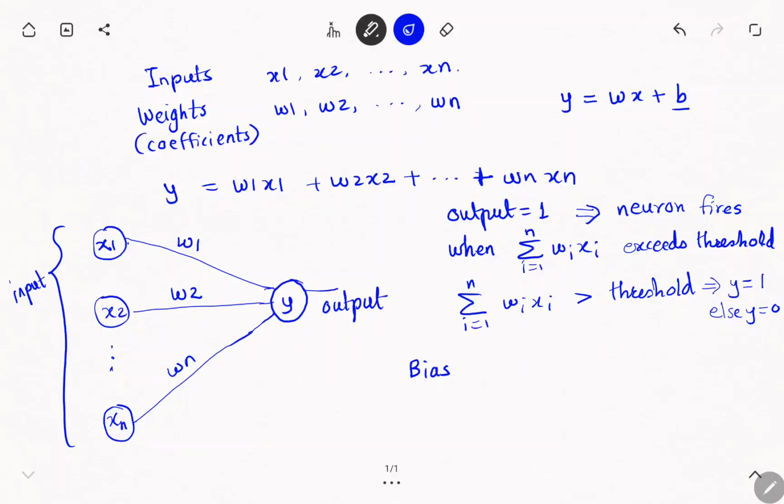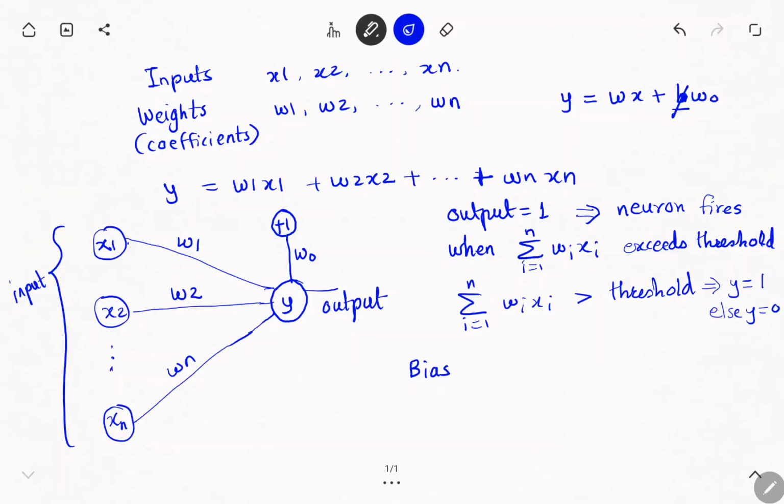Keeping up with the weight terminology, we want that bias to be w0. And what is the coefficient of that bias? If I frame it as w0 instead of b, the coefficient is 1. So I am creating this additional neuron, which is not an actual input, but a bias term.